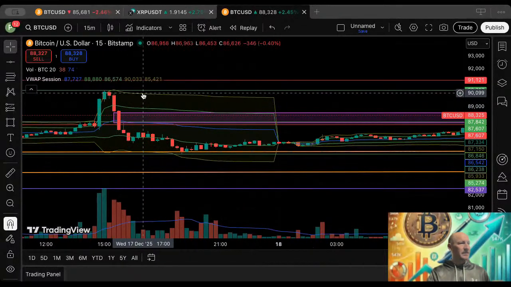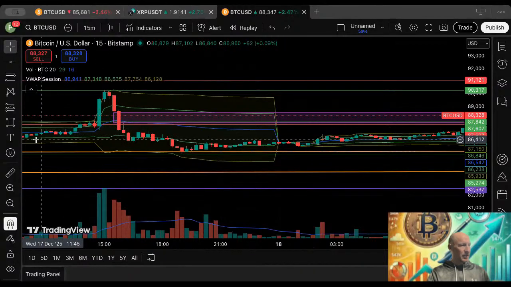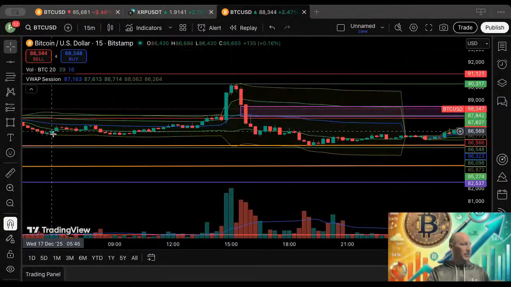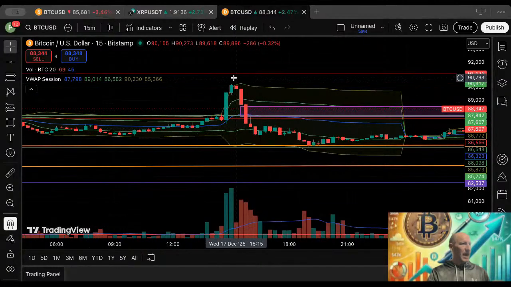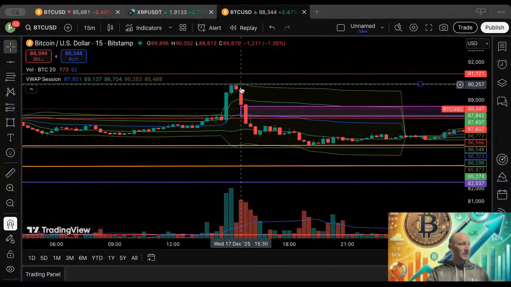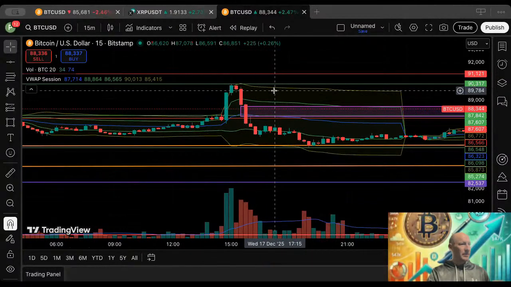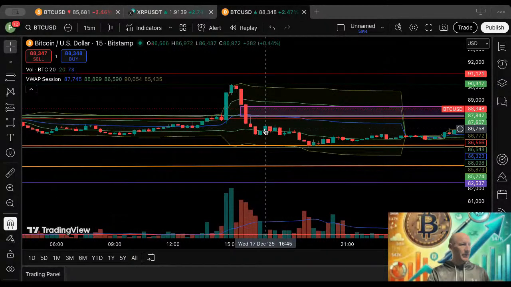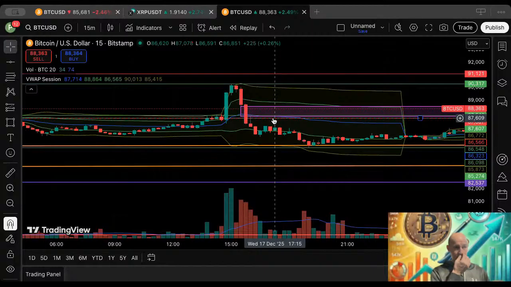So this line, as you can see here, price was just kind of going sideways, sideways, sideways, and then pop. The price pops up, the VWAP spreads out. You got a yellow line up here, yellow line down here, green line, blue line. Blue line is the middle.